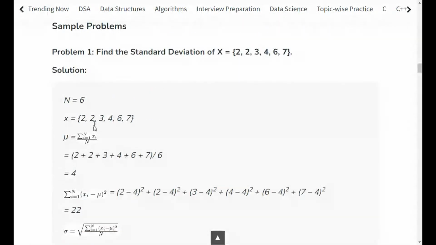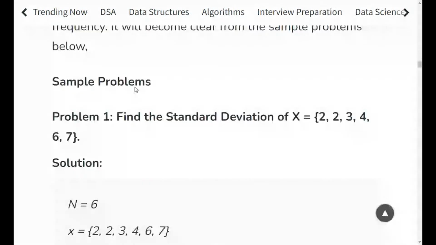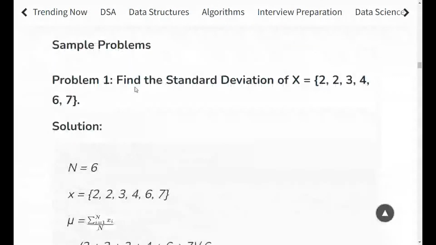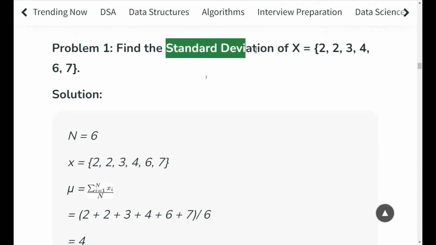So can we take a small example here? There is a problem: find the standard deviation of x equal to 2, 2, 3, 4, 6, 7. That is the population given, x equal to this, and you need to find out the standard deviation, SD, that is the sigma.